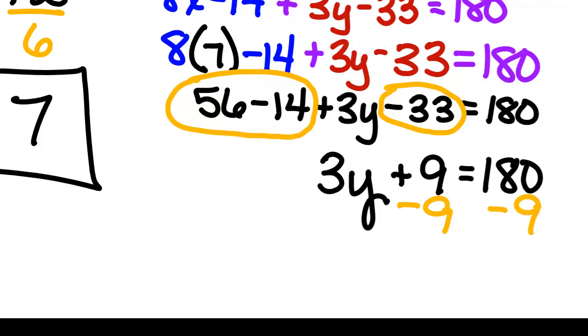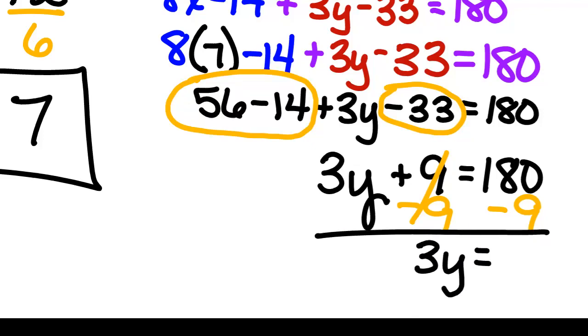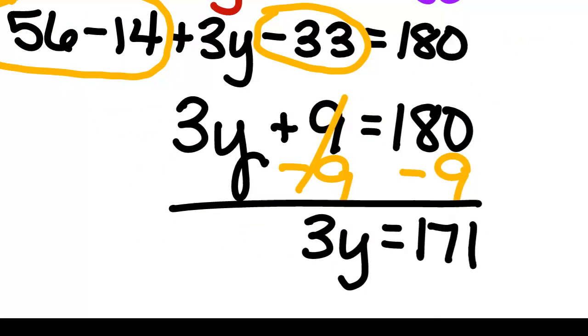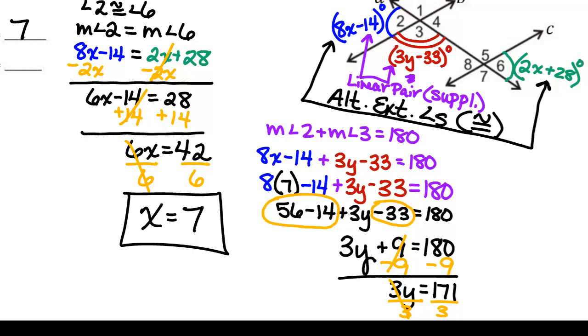Subtract 9 from both sides. I get 3y equals, what's 180 minus 9? 171. And then I divide both sides by 3. 57. So y equals 57.